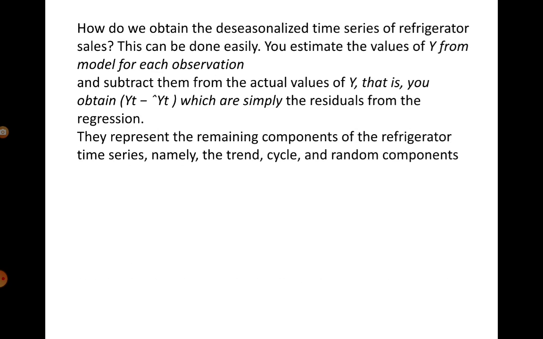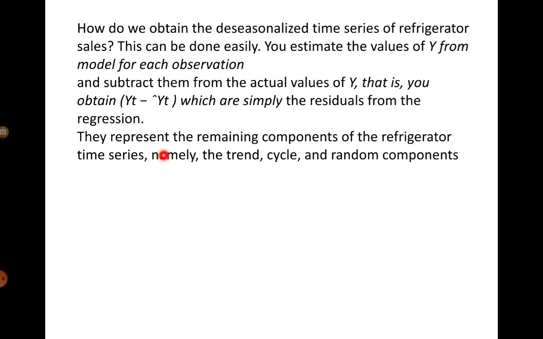So, now that we have run the regression, how will you obtain the deseasonalized time series for refrigerator sales? All you have to do is find the residuals of this regression. Use your OLS technique to estimate the regression that was written in the last slide and calculate the residuals, yt minus yt hat.